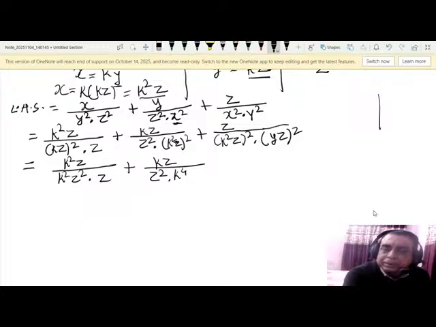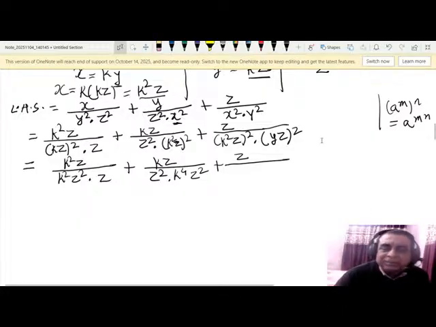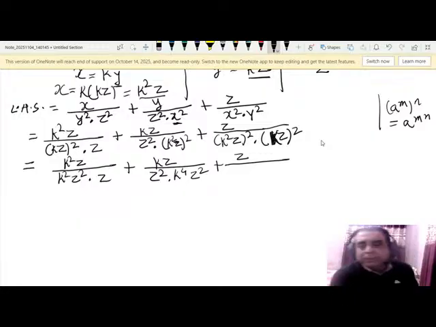Powers will be multiplied. We know that a to the power of m whole to the power of n is a to the power of mn. So 2 times 2 is 4, into z squared, plus z, divided by. Here, sorry, y value is kz. So here you have to write kz.